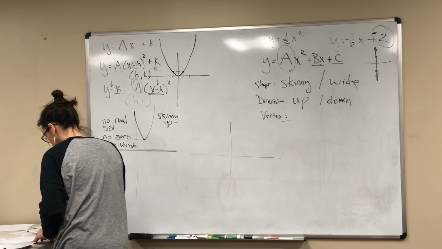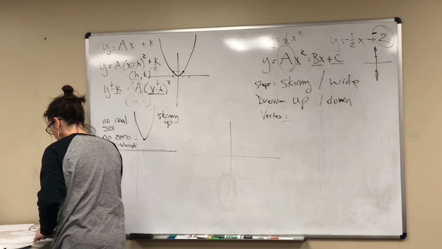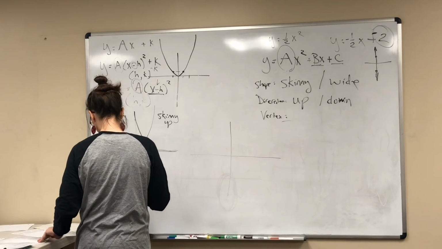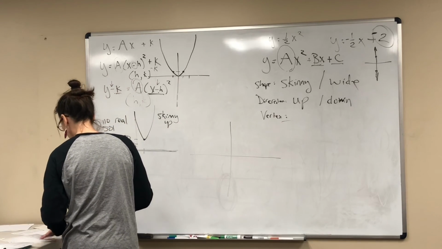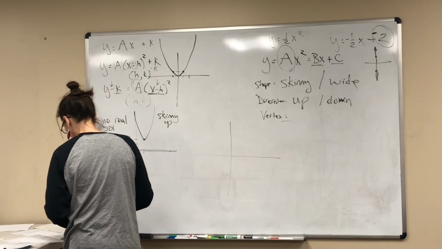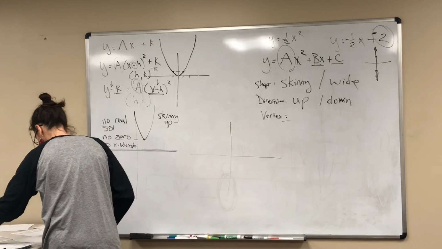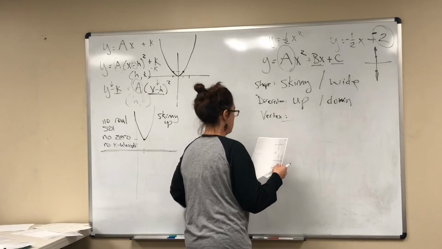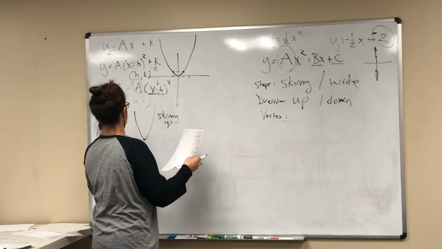Okay, let's do number 4. Is there a backside going on them? There should be a backside, the second one. Does it look like y equals negative 2x squared?